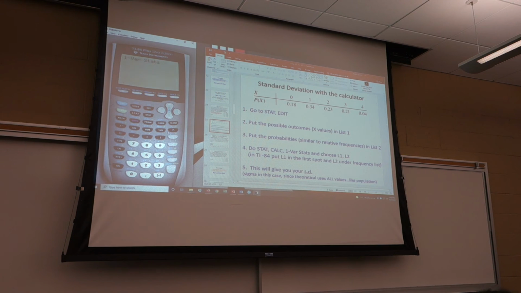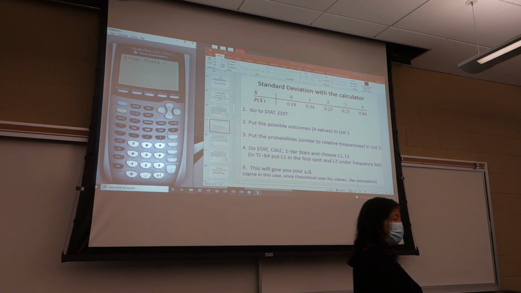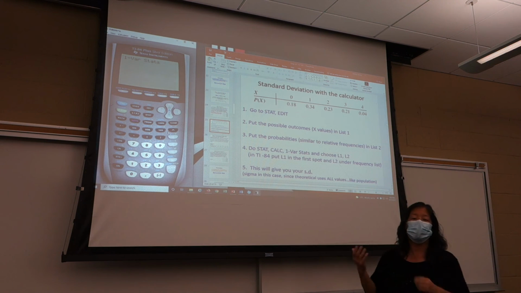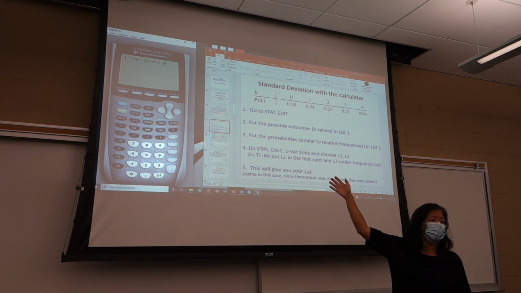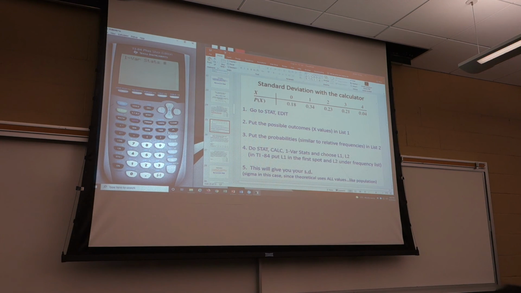Most of you will have this calculator. We're going to put in L1, comma L2. If you have a fancy calculator, it may ask for list and frequency. If it asks you for list and frequency, then put L1 in for list and L2 in for frequency. But we're going to do L1, comma L2. L1 is this little number down here in the corner above 1.